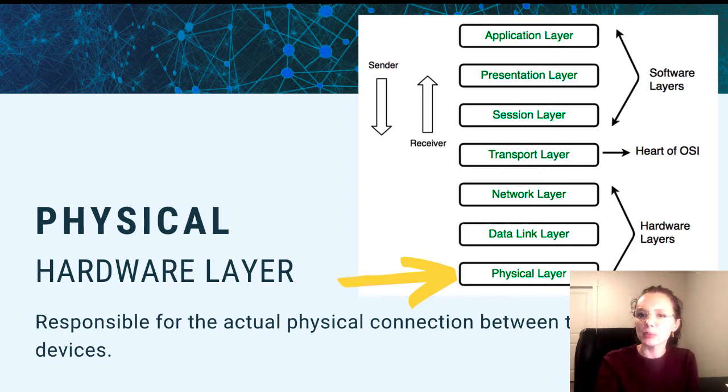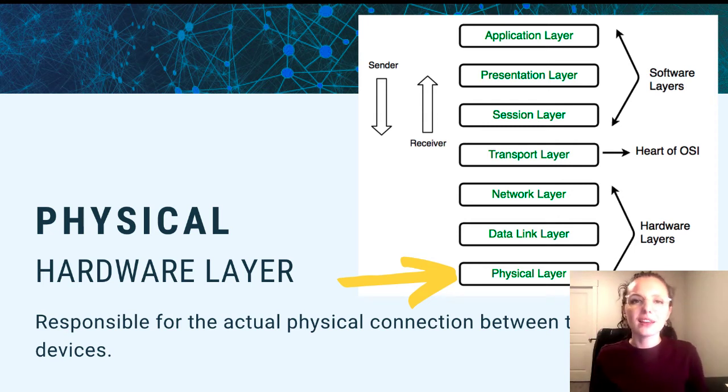In the physical layer, both devices must also agree on a signal conversion so that the ones can be distinguished from the zeros. So this is the final layer of the OSI model. Congratulations, if this is your first time hearing about it, get ready to hear about it for the rest of your computer science career, because this is a very common conceptual model used in many conversations.